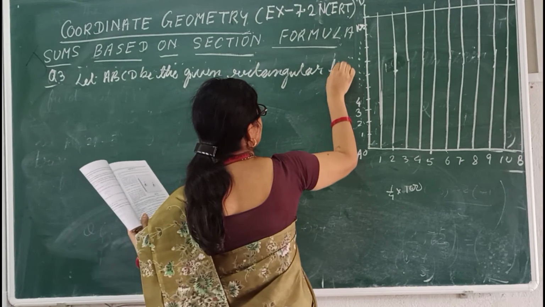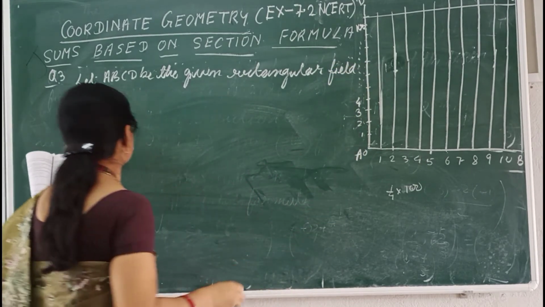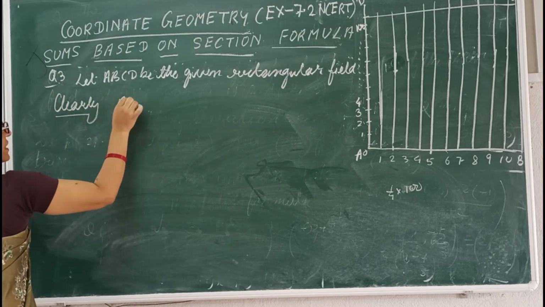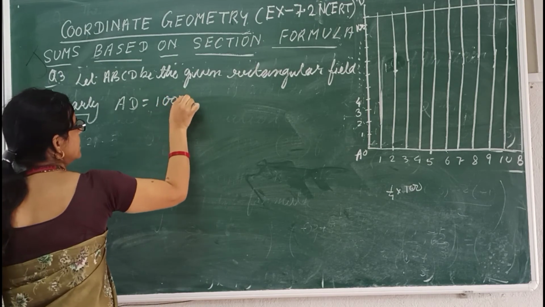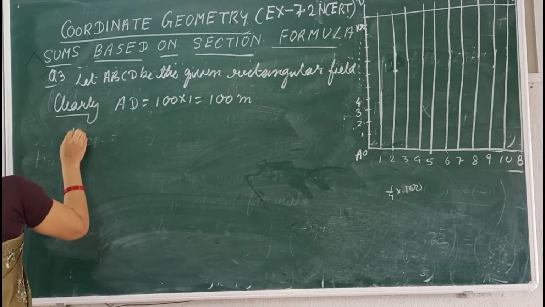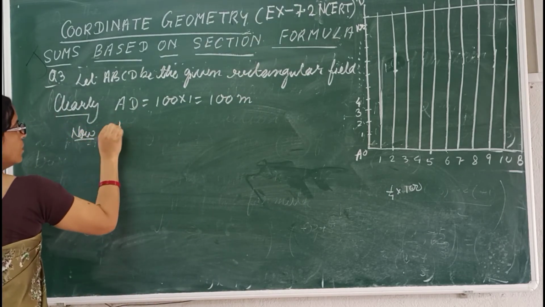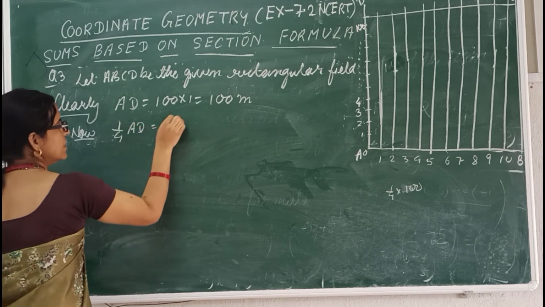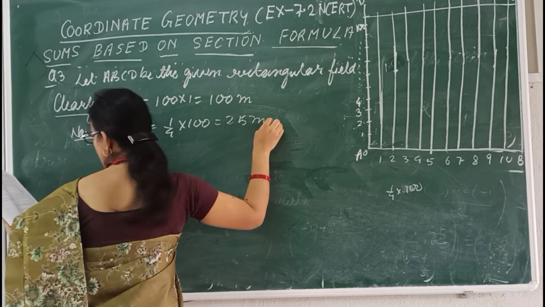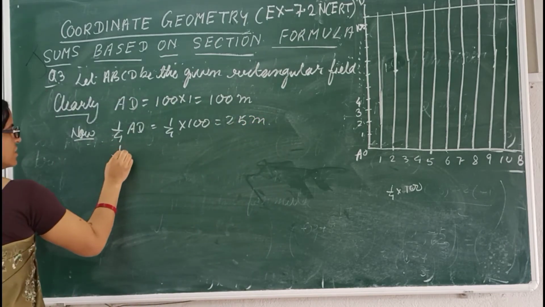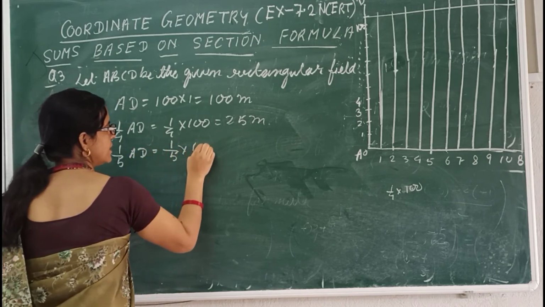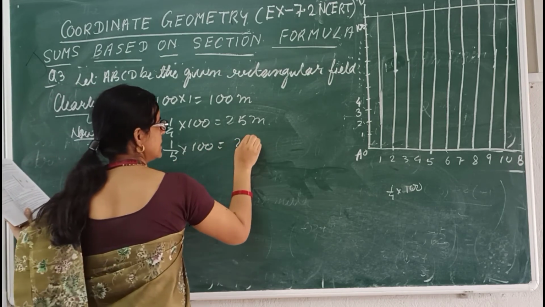Rectangular field. Now clearly AD equals 100 into 1 equals 100 meter. Okay? Now 1/4 of AD equals 1/4 of 100 equals 25 meter. Also 1/5 is somewhere mentioned, so let us calculate that also. 1/5 of AD equals 1/5 into 100 meter equals 20 meter.